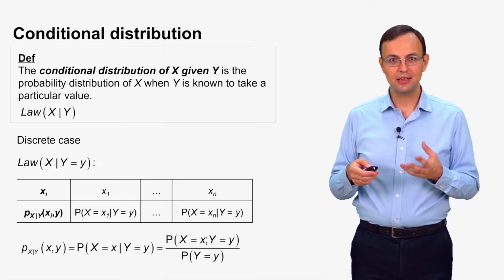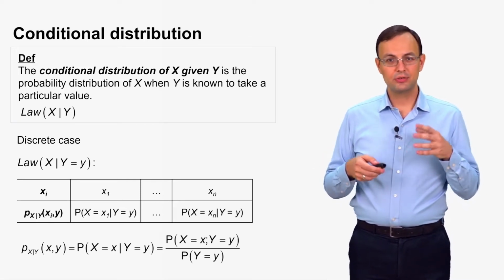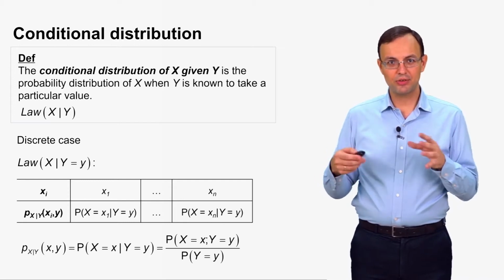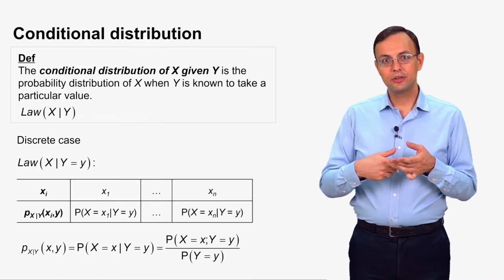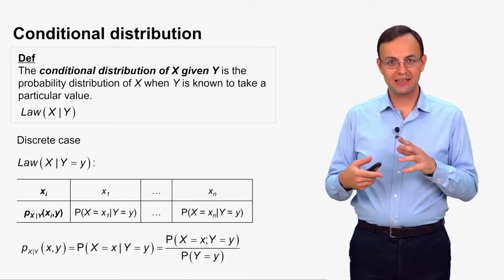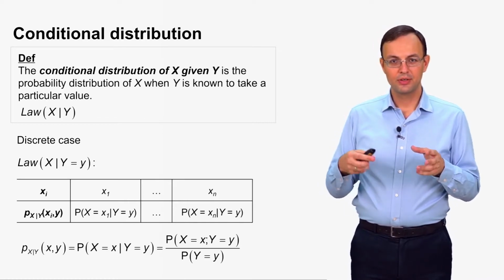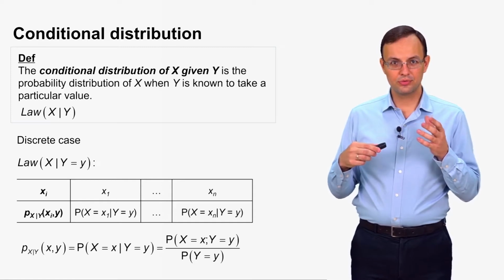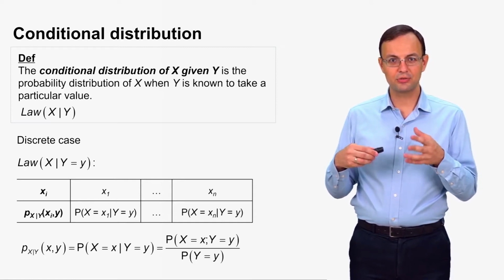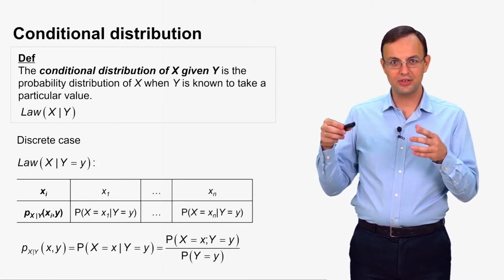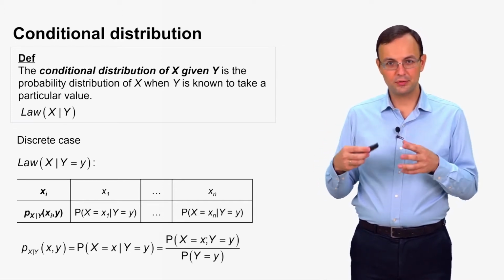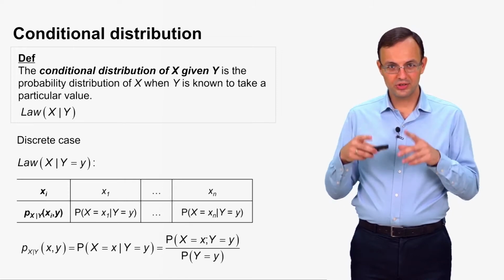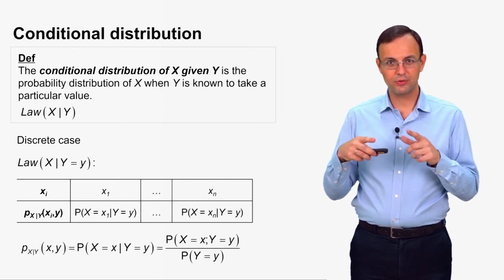And as you see from the last formula, to fill this table, to calculate all these conditional probabilities, we need the joint distribution of x and y. So to substitute probabilities that are in the numerator of this formula, we need the joint table of distribution of x and y.